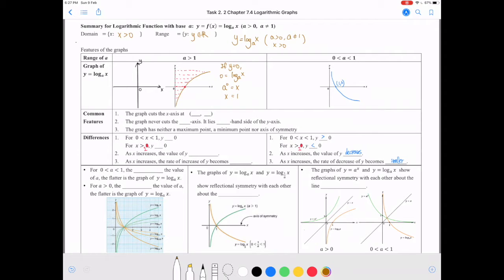Except for the case where a is 0. But a won't be 0. Why? Because we already have the restriction on a: a must be bigger than 0 and a cannot be 1. Because 0 to the power of 0 is undefined.